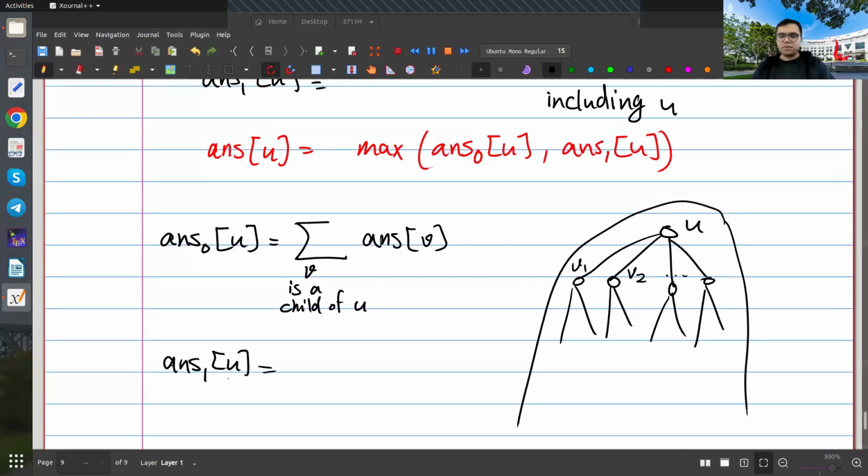Ans 1 of u means that I have this subtree rooted at u, and I'm taking u itself into my solution. So that's already giving me the value of u. But then from each of the subtrees of its children, for example, from the subtree of v1, because I have taken u, I know that I cannot take v1 itself. So from the subtree of v1, I'm going to take the best solution that does not include v1.